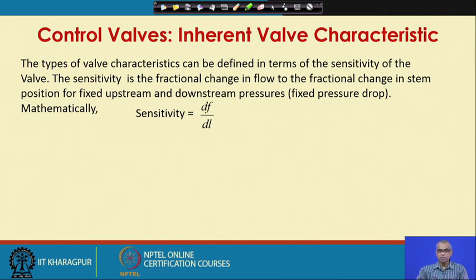So, mathematically speaking, sensitivity is dF by dl. It basically represents the change in flow divided by change in stem position for a given pressure drop.